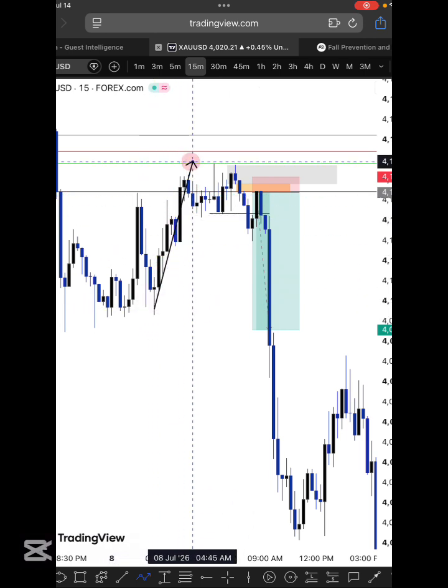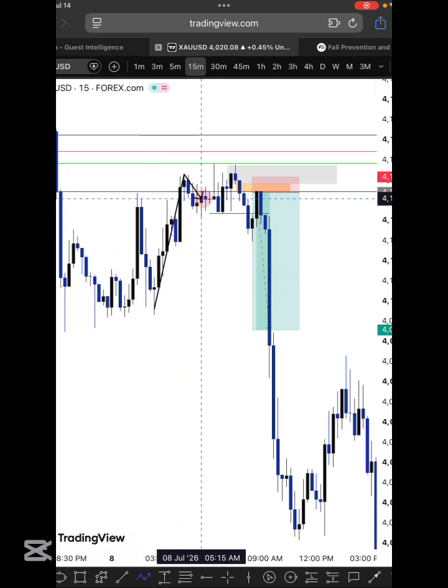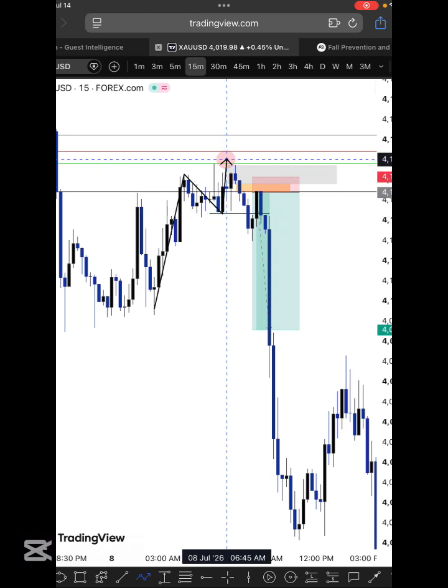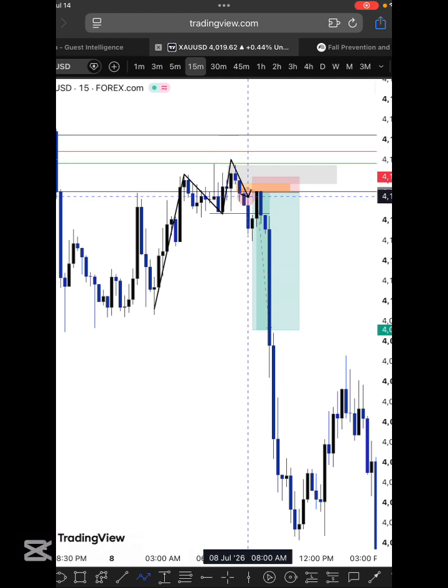If you look very well, what the market just did here: it created this zone, swept this high and this side, leaving a fair value gap around, and it's coming for that fair value gap. Are you with me?